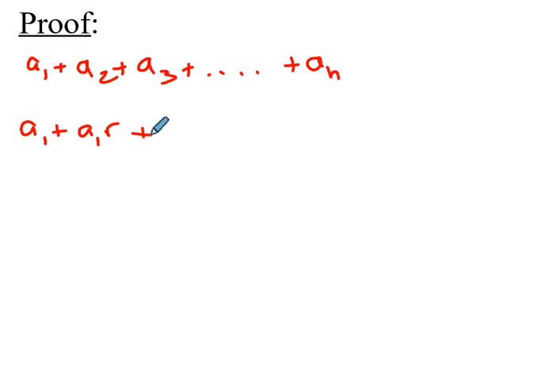So, let's write the formula. A geometric sum is really just a1 plus a2 plus a3 plus dot dot dot all the way to an. Well, it's really a1 plus a1 times r, because that's what the second term is, multiplied once by r. And then the next one is a1 r squared plus dot dot dot all the way to a1 r to the n minus 1.